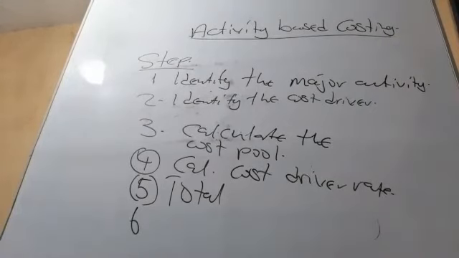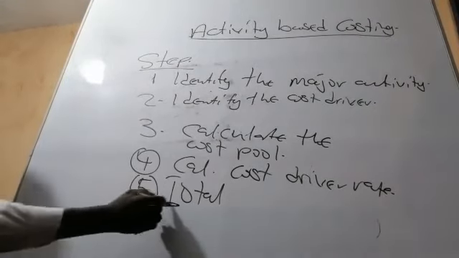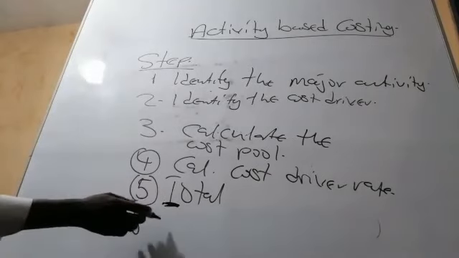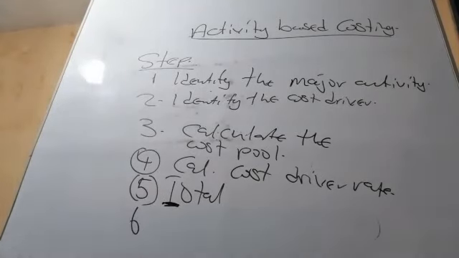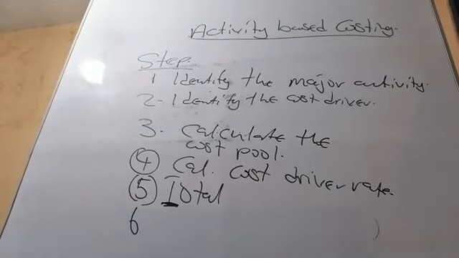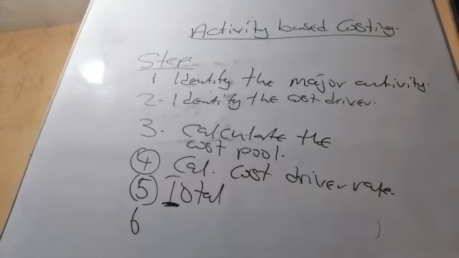That's a per unit approach. This is the total for all the products, and then the per unit version is the 6th one. So the overhead cost per unit, or overhead recovery rate per unit, and then you are done.